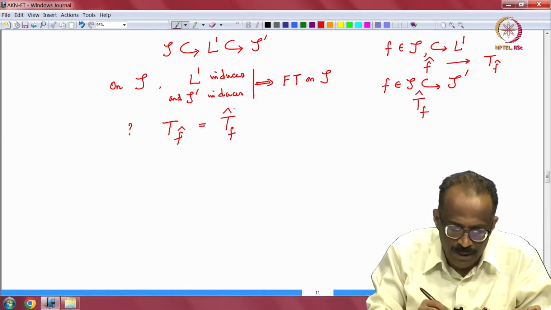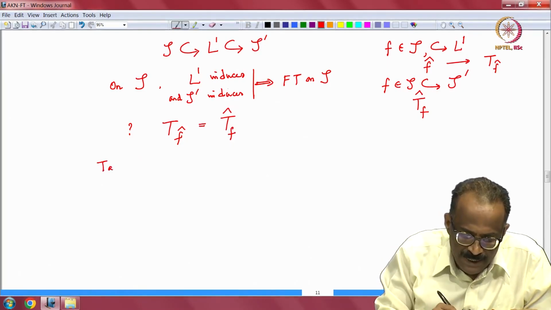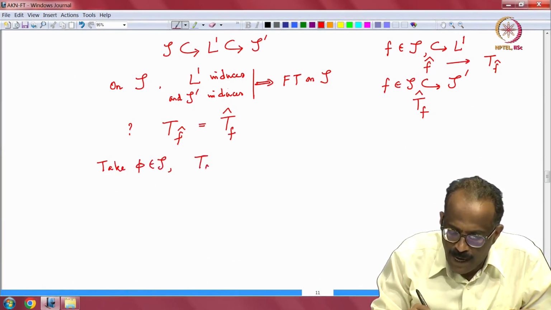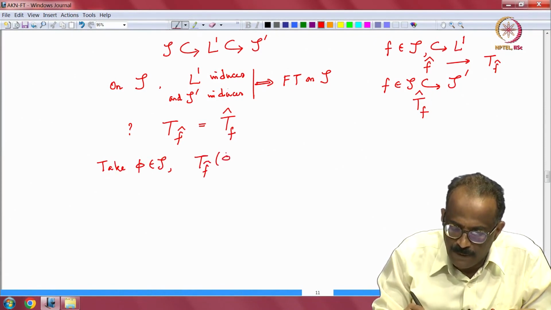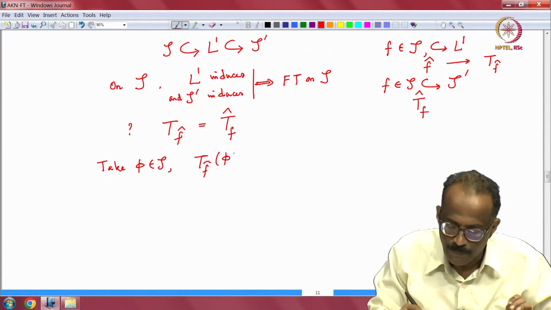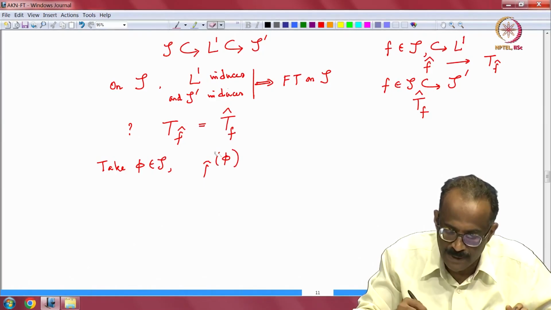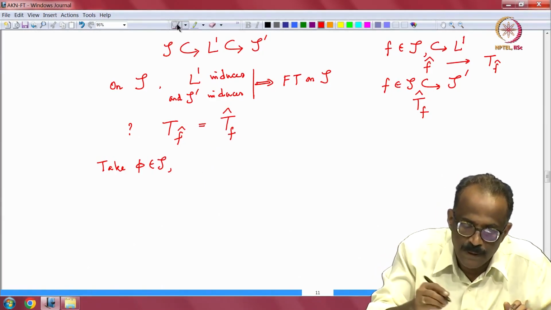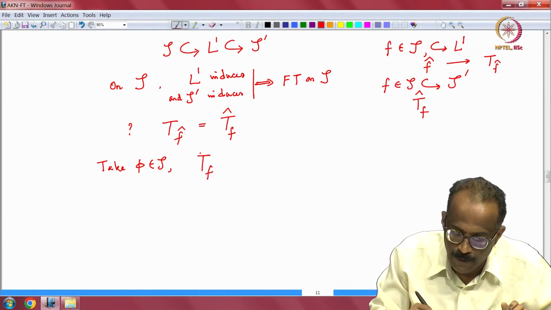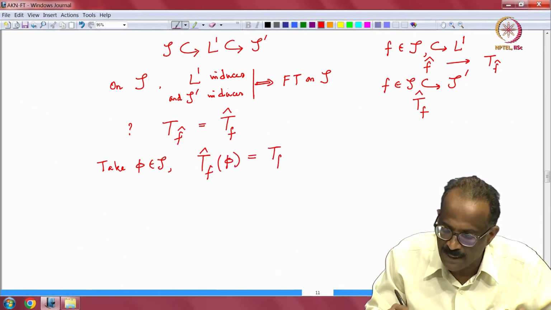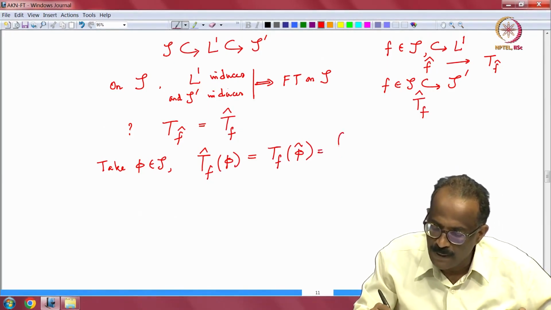It is not difficult. Let us take phi in zeta. I will take the right side first; I can prove it both ways, but this is more convenient. T f hat acting at phi is, by definition, Tf acting at phi hat, and that is equal to the integral over Rn of f phi hat.